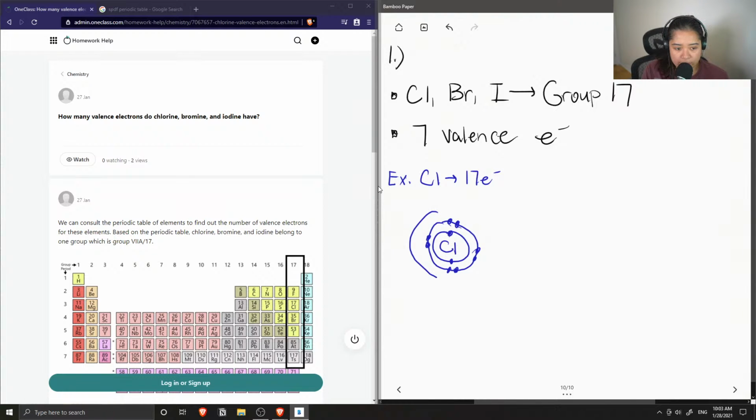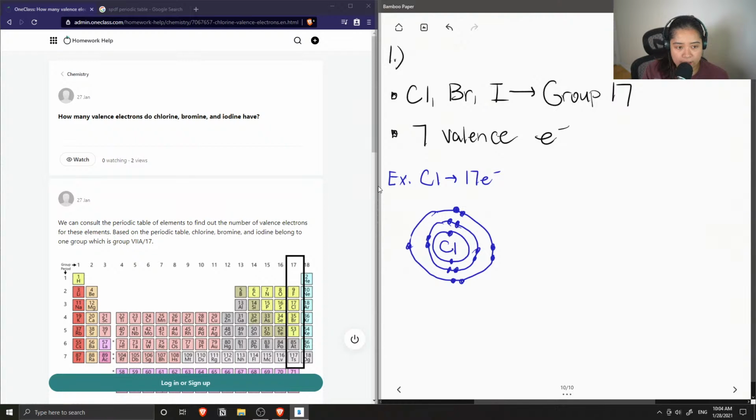So now we've drawn 10. So now in the outermost valence shell, you end up with 7. Okay, so that's the chlorine atom.